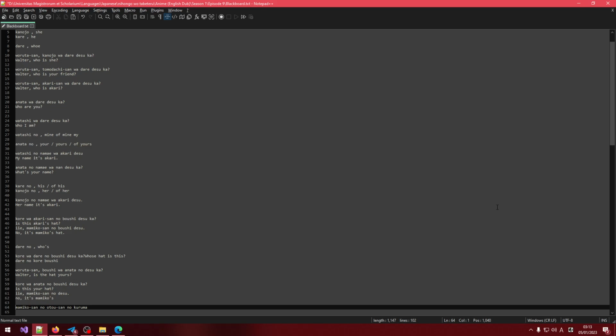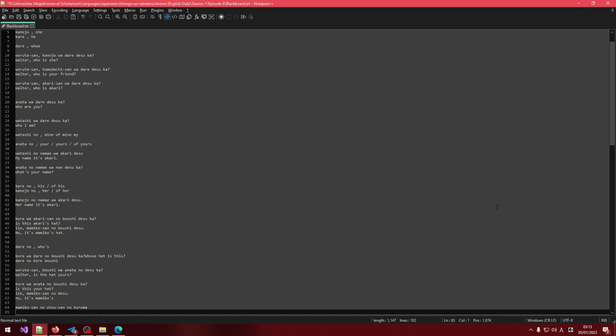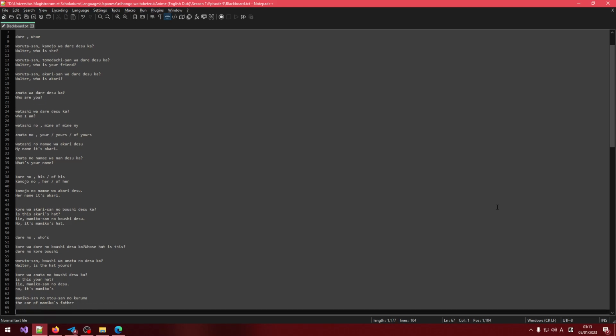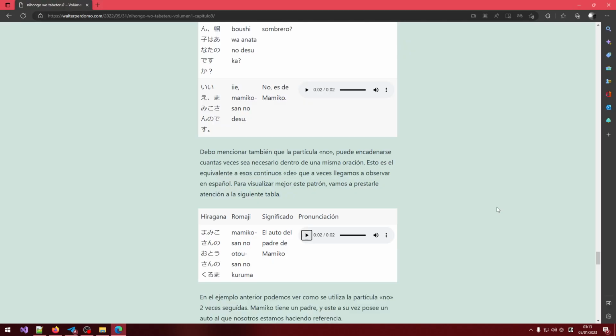So how would we translate this sentence? The car of Mamiko's father. マミコさんのお父さんの車。 Okay.